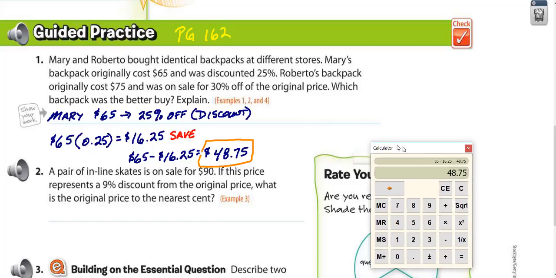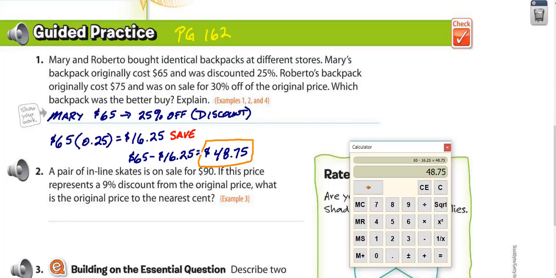Now we're going to figure out what Roberto pays. I really find it useful to take the information out of all of these words. For Roberto, we know that his backpack originally cost $75 and he got 30% off. So he had a 30% discount.